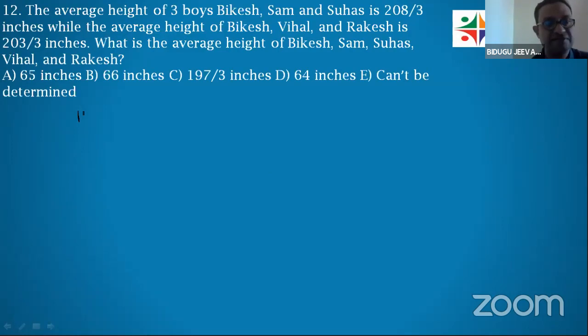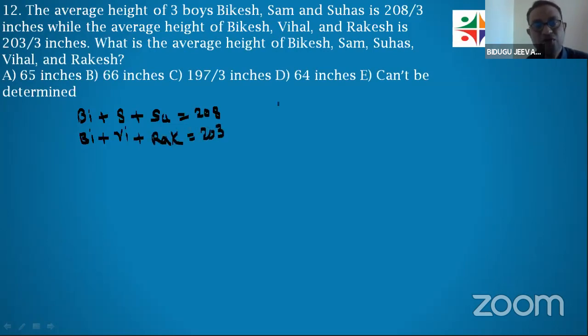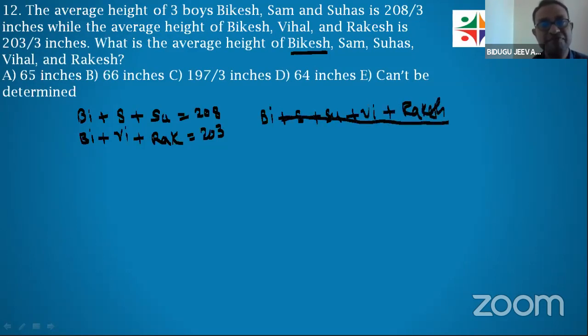Okay, as I have written, Bikesh as well as Shyam and Suhas, the total is 208. Similarly, Bikesh as well as Vishal and Rakesh is nothing but 203. To find the average height of Bikesh, Shyam, Suhas and Vishal and also Rakesh, this average is nothing but the sum divided by 5, right? See, is it possible to add?